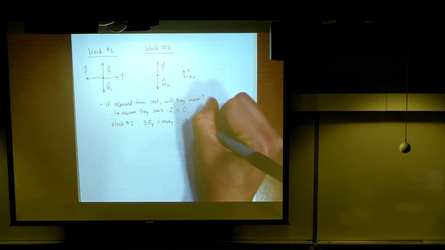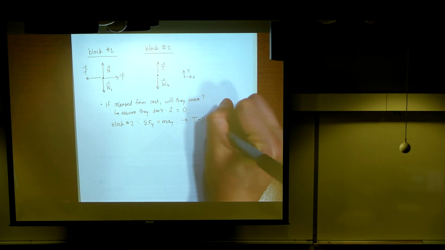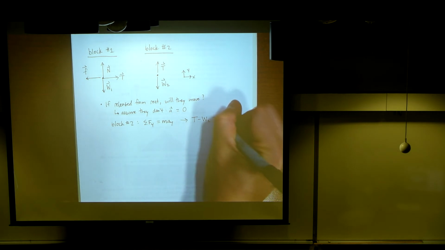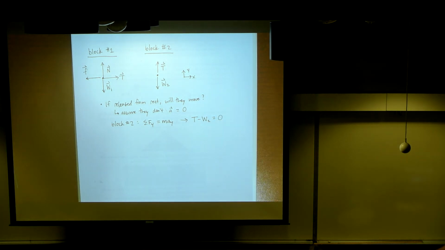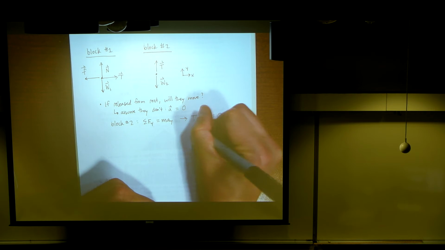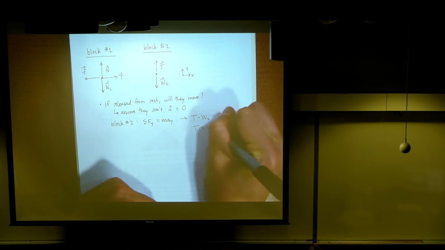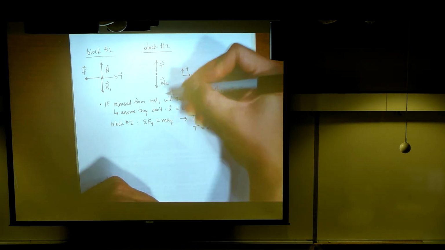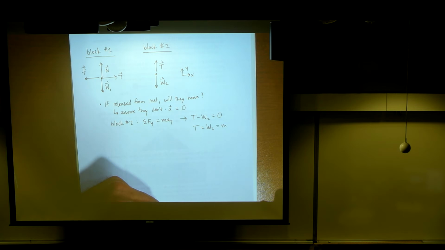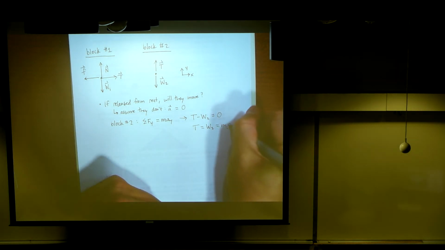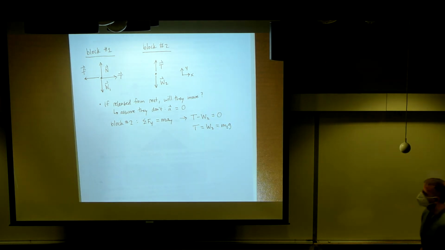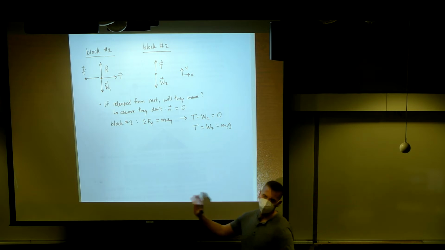So that would be T minus the weight of block 2 equals 0. That's what would have to be the case, right, if nothing moves. Okay? That means the tension would have to equal the weight of block 2 in order to just hold it there in place, right? And that is m2 times g. Remember, we've got two different masses, you got to label them separately if you want to keep things straight, okay?